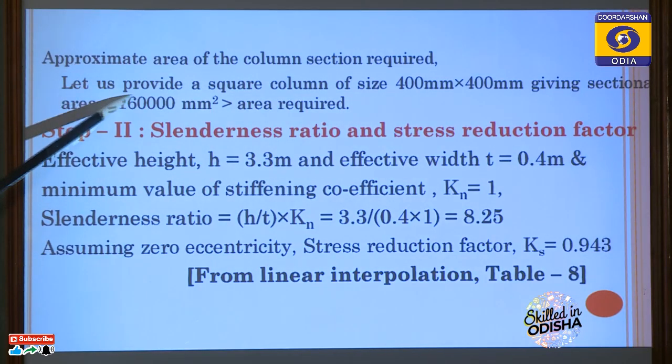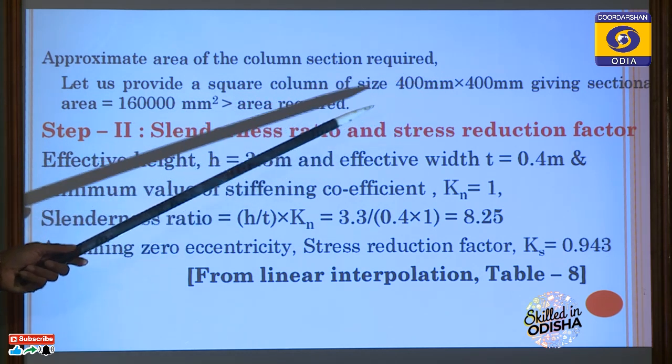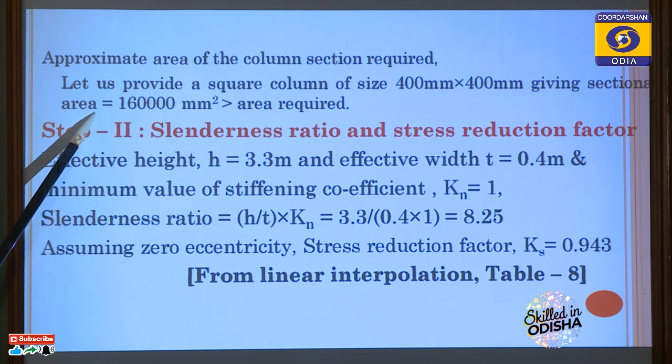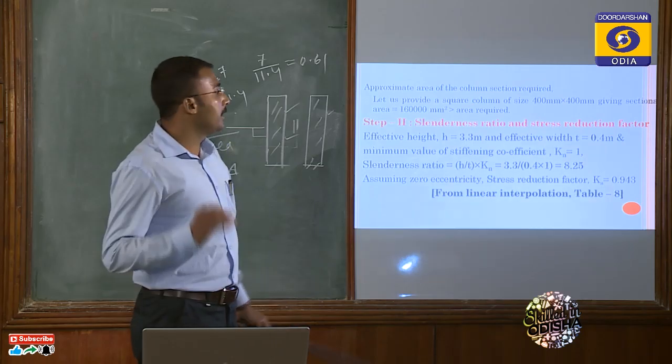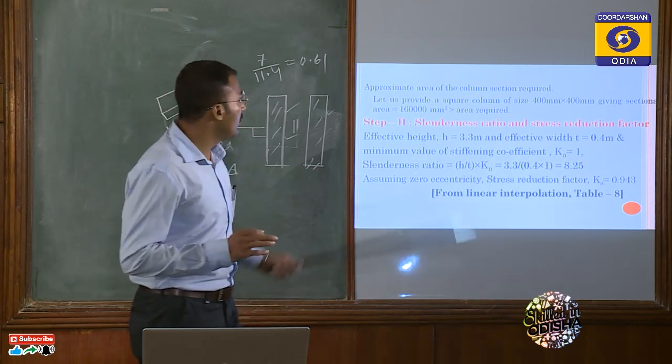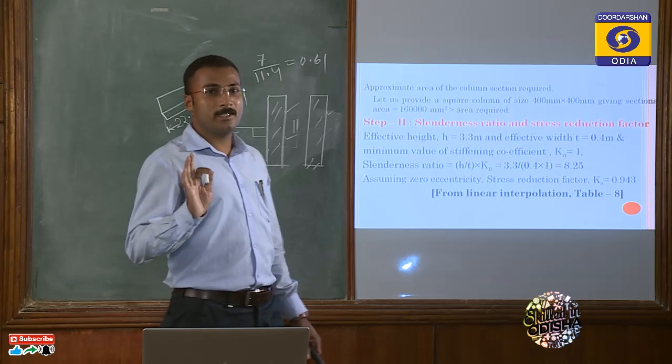So let us provide a square column of size 400 millimeter by 400 millimeter, giving a sectional area of 160000 millimeter square, and we need 156252, and we have provided 160000, which is greater than the area required. So this dimension is safe.